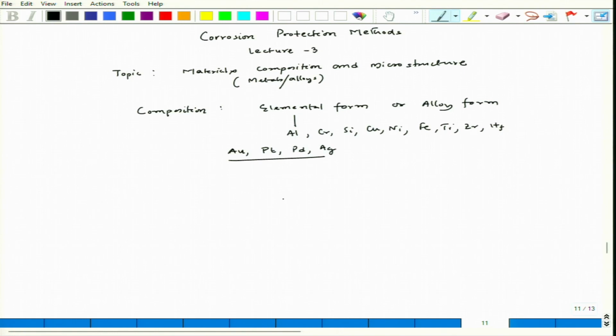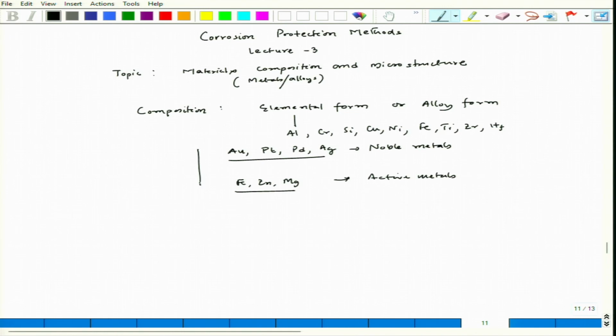They sit at a very high level in the electrochemical series and are called noble metals. Whereas elements like iron, zinc and magnesium sit in the lowest positions, and those are called active metals.